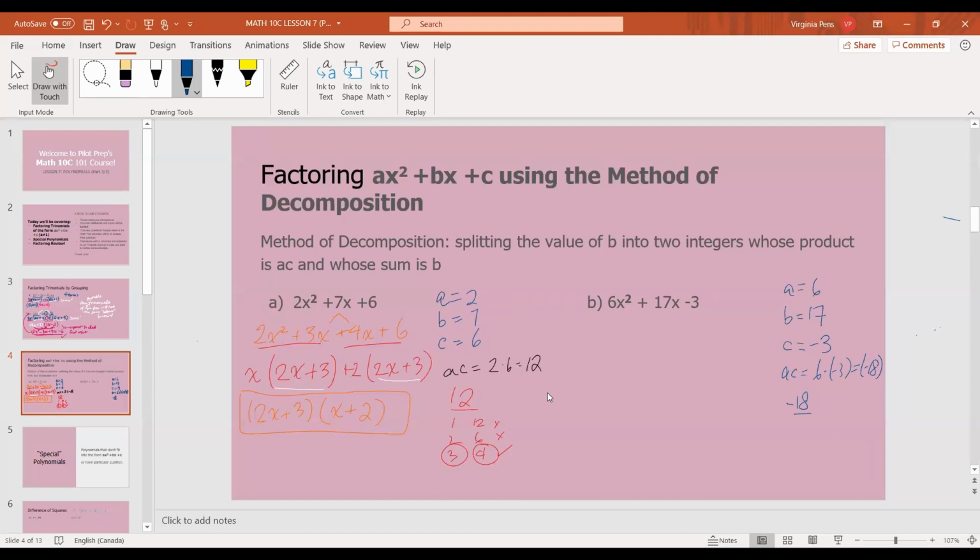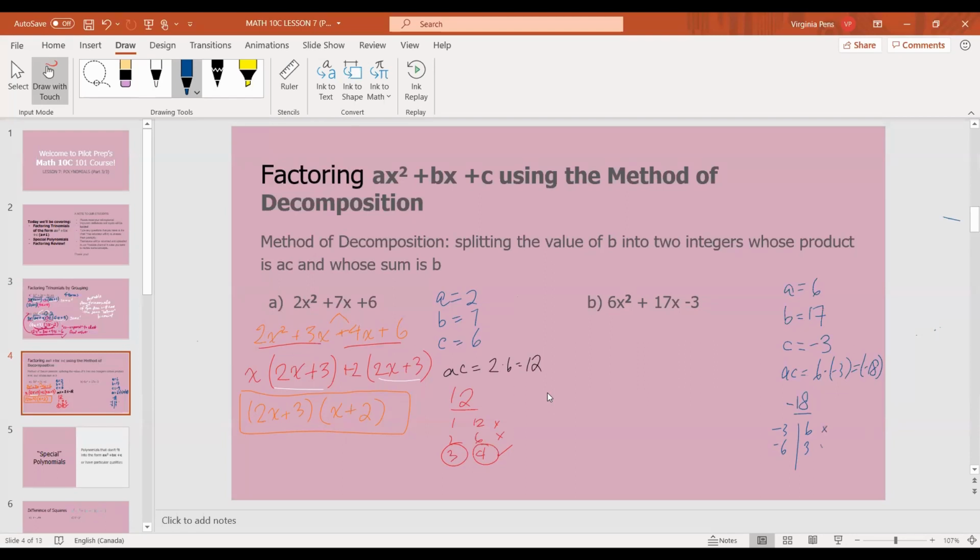So what we can do is go through the factors of 18. What comes to my mind right away is negative 3 times 6. Does that add up to 17? No. But note that we can also put negative 6 and 3 because both of these multiply to negative 18.